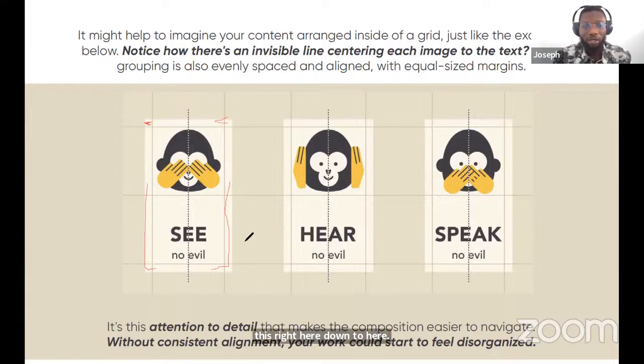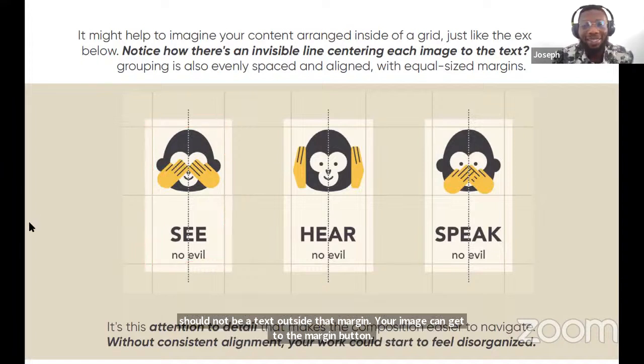These are margins. The design starts from here, inside this box. That's where the design starts. There should not be any text outside that margin. Your image can get to the margin, but it's also not advisable, depending on your design.